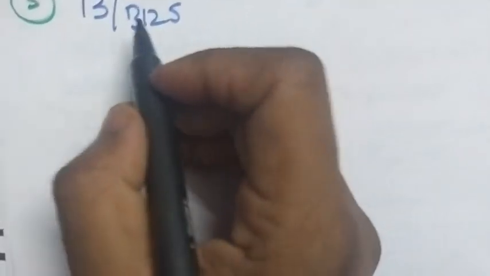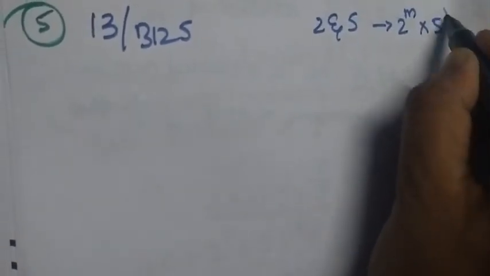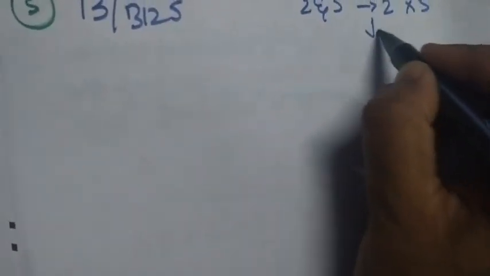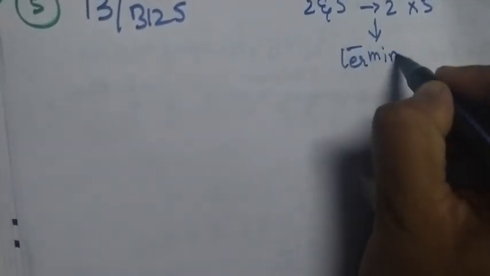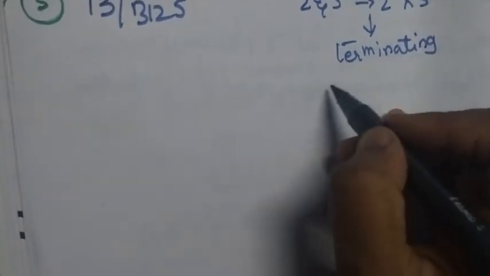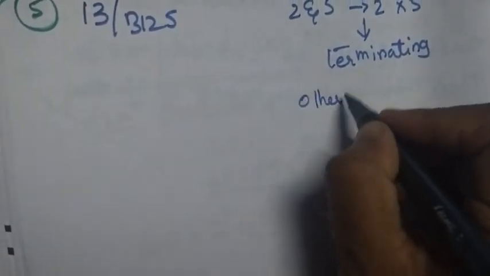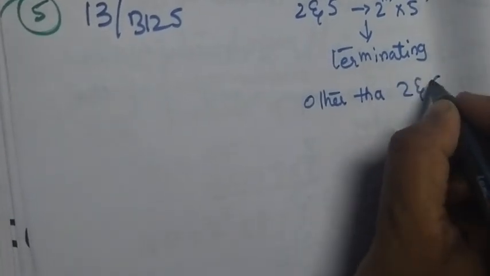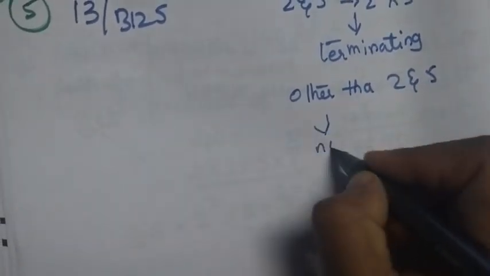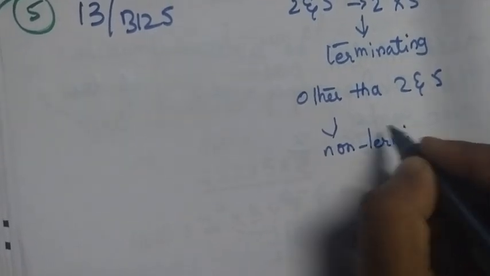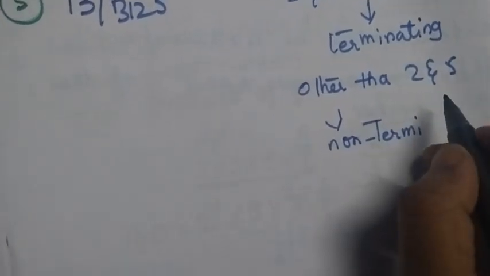13 by 3125. If you are well prepared in real numbers, you know the point that if the denominator has only factors of 2 and 5, that is in the form of 2 power m into 5 power n, then it has a terminating decimal expansion. If other than 2 and 5, then it has a non-terminating, non-repeating decimal expansion.